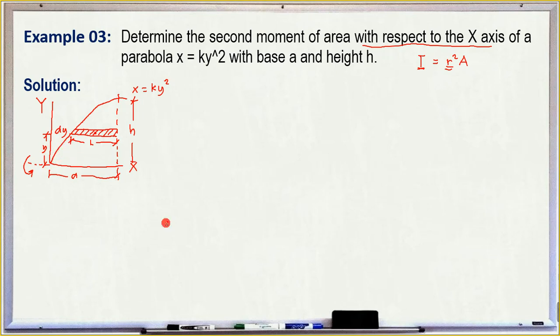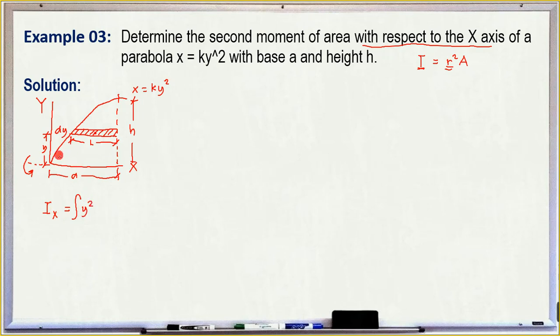The generalized formula for the second moment of area is I, and don't forget to write the subscript for the axis about which we're going to rotate this area. That is along the x-axis. So Ix is equal to the integral of the square of the distance.